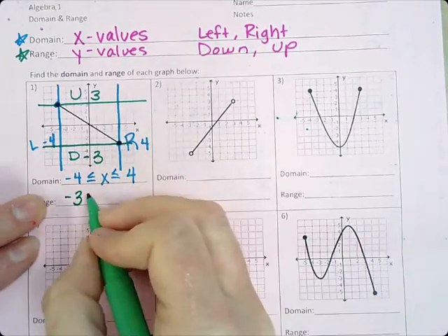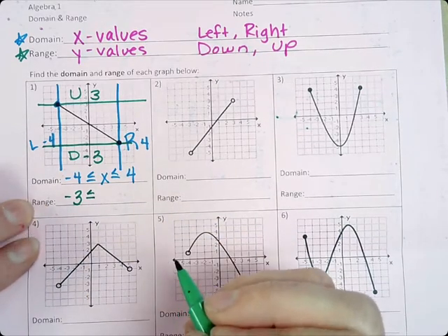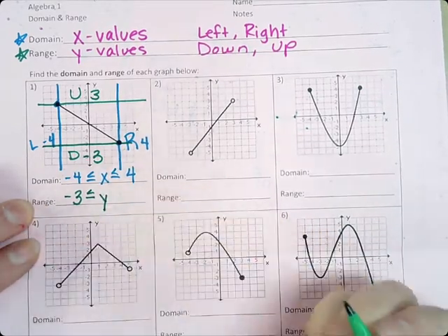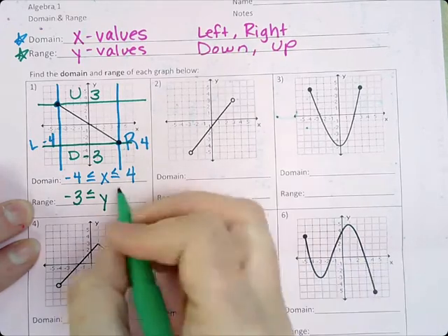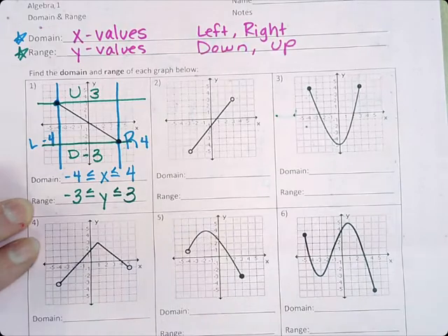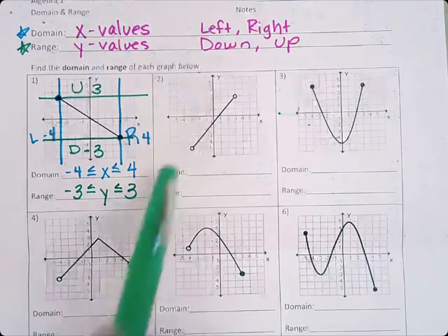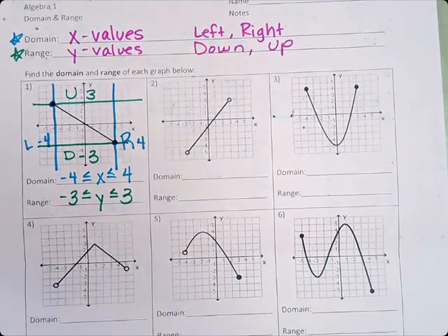It touches it, so it's less than or equal to. Range is our y value, so we fill in the y. And then it goes up to 3, and it touches 3, so less than or equal to 3. Wait, so it's an open circle, it doesn't touch it? Correct. Like the next one, open. So it doesn't actually touch it, so we'll just use the less than symbol instead.